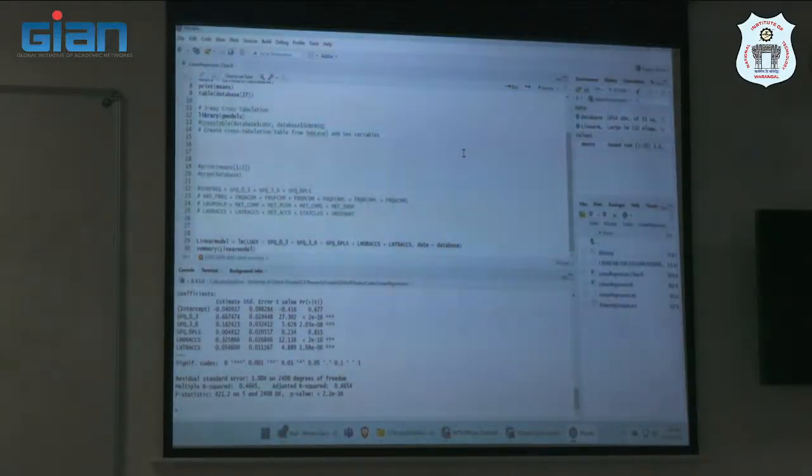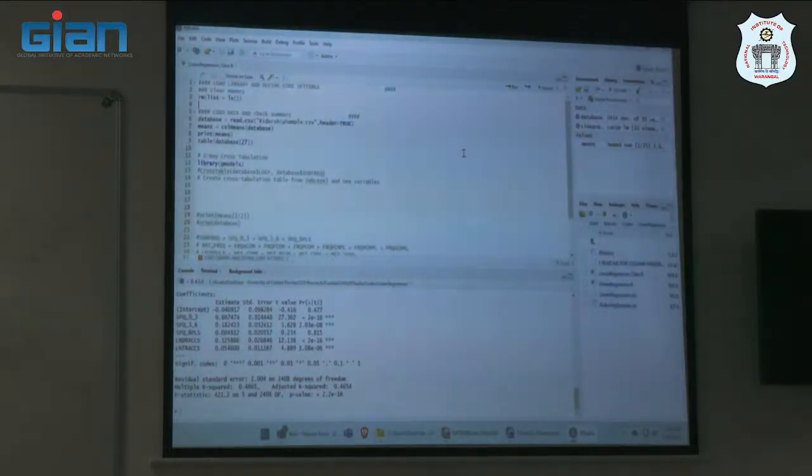First, you also have the data set label here, ridership and so on.